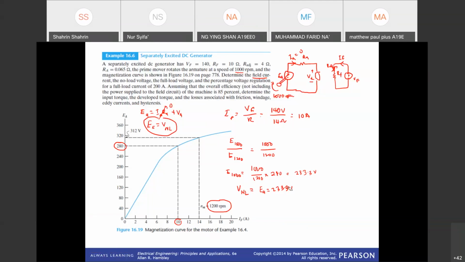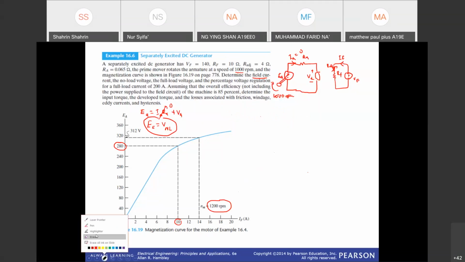The third question is to calculate the value of the voltage at full load.